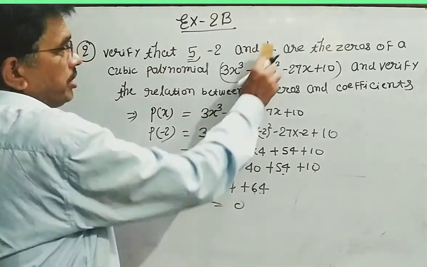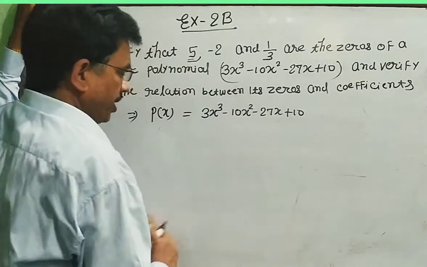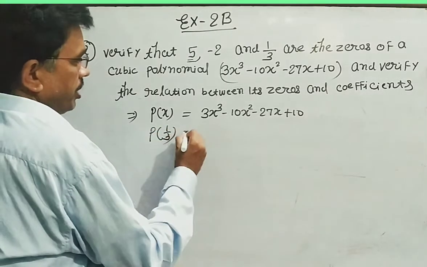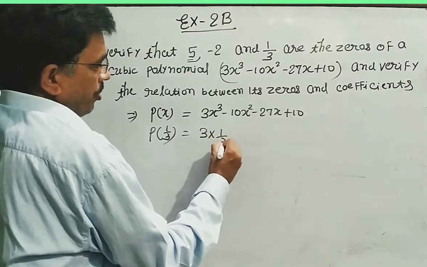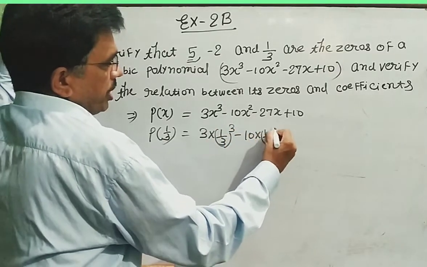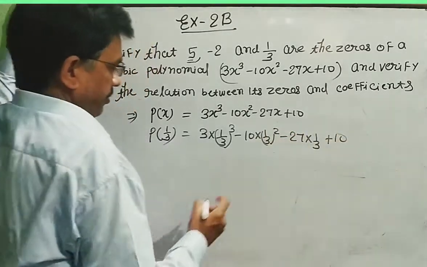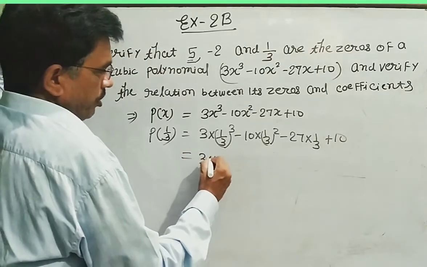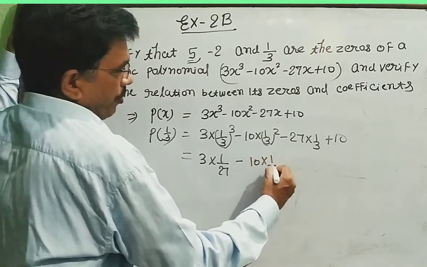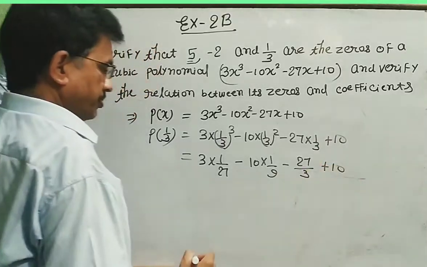Now the third remains, that is 1 by 3. So we put 1 by 3 in place of x. We write p(1 by 3) equal to 3 into (1 by 3) cube minus 10 into (1 by 3) square minus 27 into 1 by 3 plus 10. You write 3 into 1 by 27 minus 10 into 1 by 9 minus 27 by 3 plus 10.